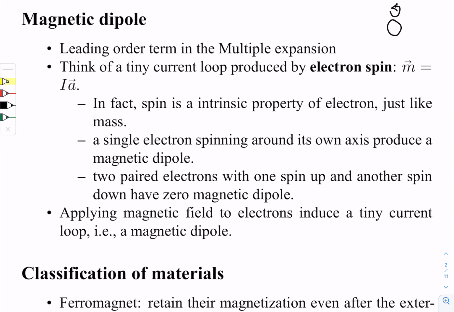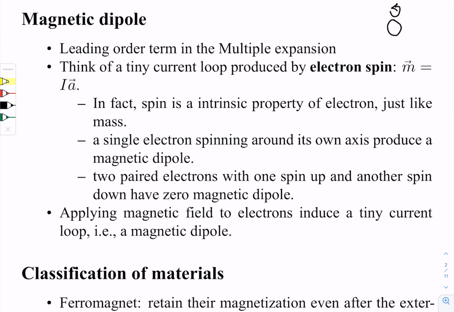Even though this picture is actually incorrect, because if you think of the electron as a finite size ball, then in order to produce a magnetic dipole this large, the rotation of the electron must exceed the speed of light, which is impossible.